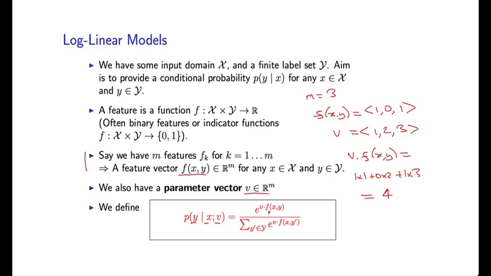And we can compute this inner product for every possible label in conjunction with x. So this conditional probability, as we described last week in the lectures on log linear models, is defined as e to the power v dot f divided by a normalization term, which involves the sum over all possible labels of e to the v dot f with that particular label.